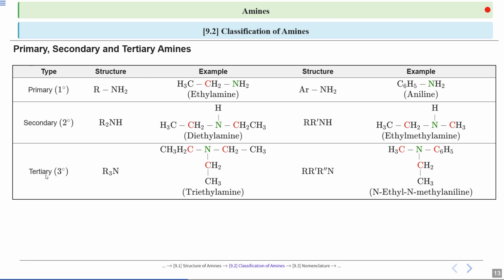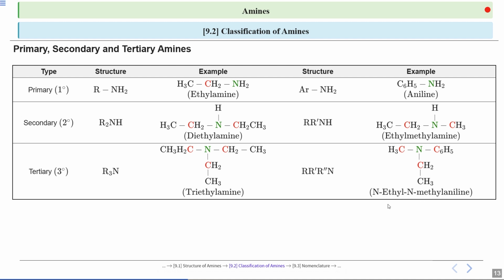Now in the case of tertiary amines, all the 3 hydrogens of ammonia are replaced by alkyl or aryl groups. If you see over here, I have replaced all the 3 hydrogens with the ethyl group, so I have got triethylamine. Over here, I have replaced all the 3 hydrogens, one with a methyl group, one with an ethyl group, and one with a C6H5 group.